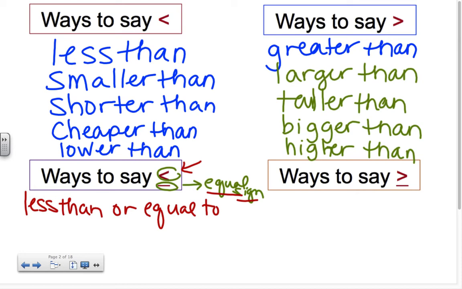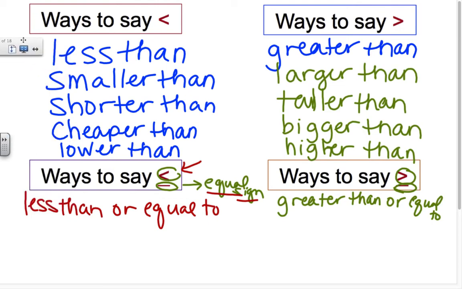Obviously this one over here is greater than, because here's the greater than sign, or equal to. So it could be either one. And then we have other words that mean the same thing.